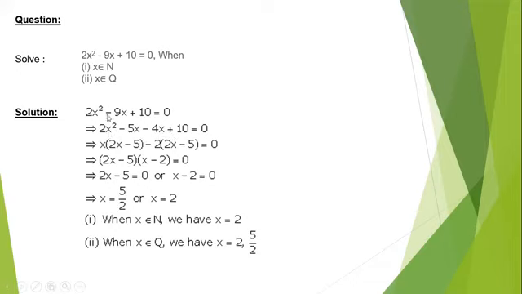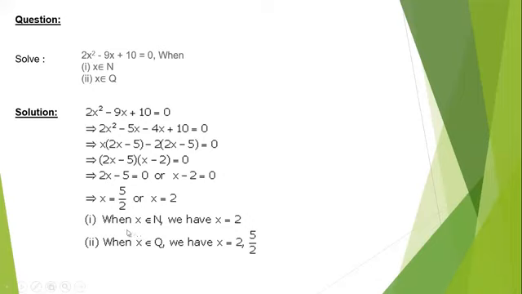Here 10 2s are 20. So minus 9 is broken into minus 5x minus 4x. 5 4s are 20. Take x common, 2x minus 5, minus 2 common, 2x minus 5. Two brackets we are getting, 2x minus 5 and x minus 2 equal to 0, which is giving us two values, x equal to 5 by 2 and x equal to 2.